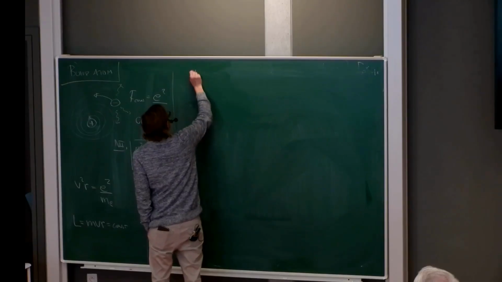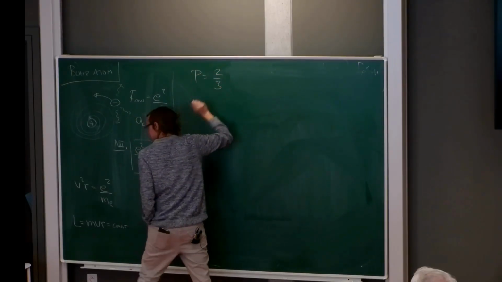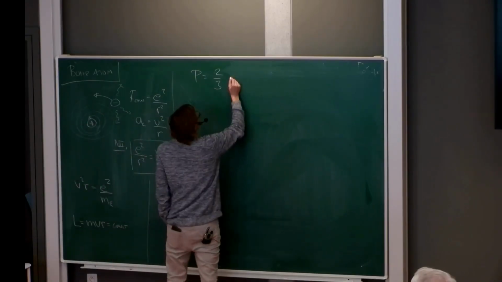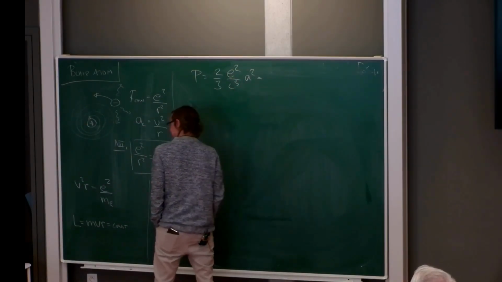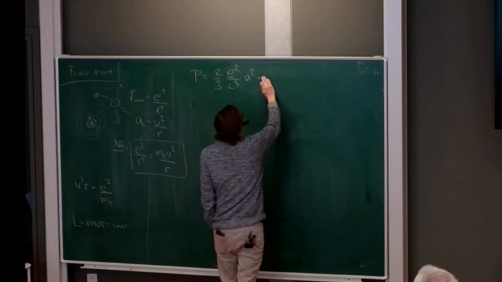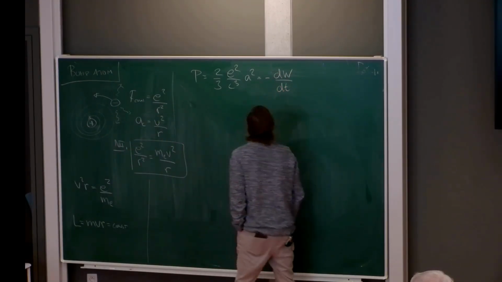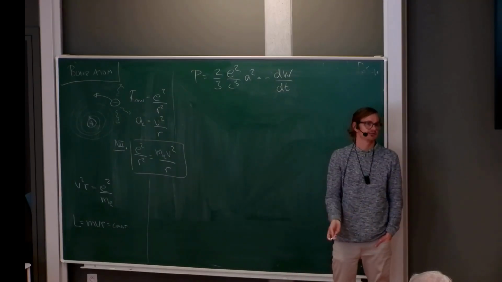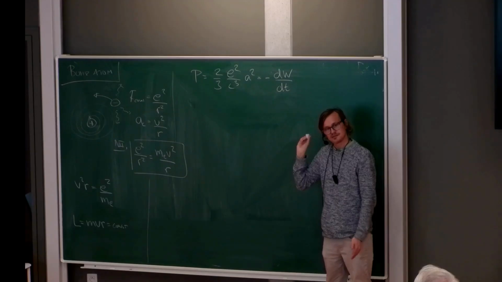So again, we use Larmor's formula, which is 2/3 e squared a squared over c cubed. And then, like before the break, this is just minus the time derivative of the total energy, minus because we're emitting, so we're losing energy, right?